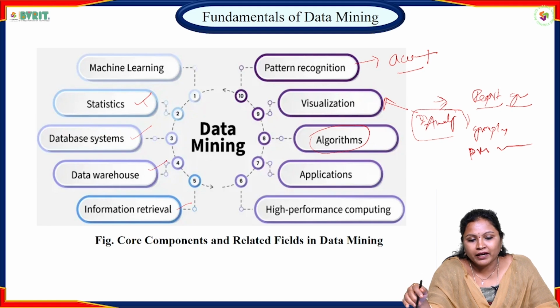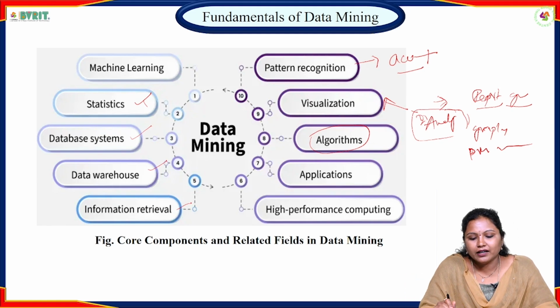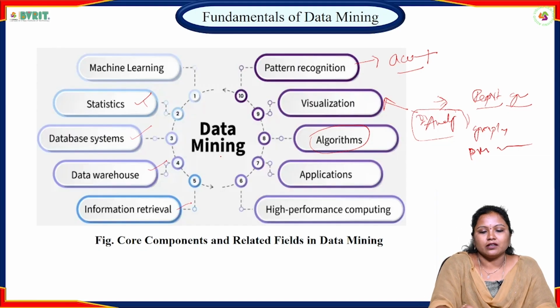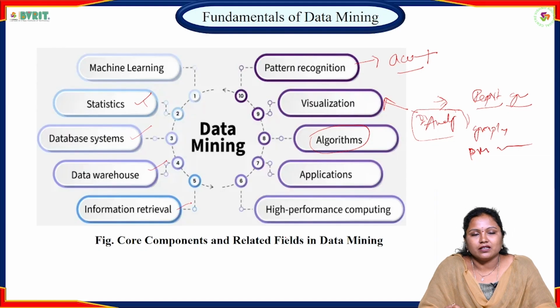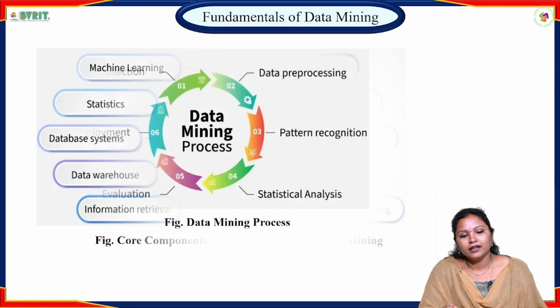So these are the core components related to data mining: machine learning, statistics, database systems, data warehouse, information retrieval, pattern recognition, visualization, algorithms, applications, high performance computing. These are the main core components which come under the fundamentals of data mining.